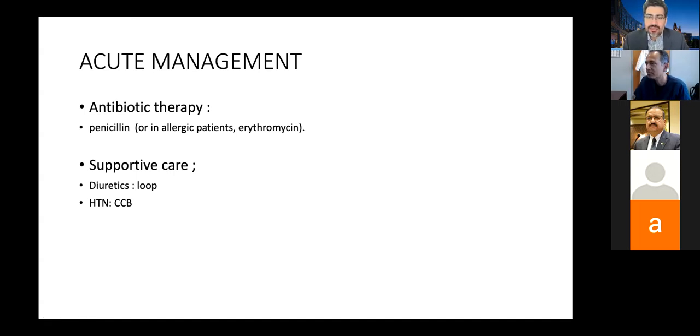On the same lines, let's discuss Dr. Hina's question, which I will read out. Have you ever seen a patient who has typical post-streptococcal GN alongside nephrotic range proteinuria?